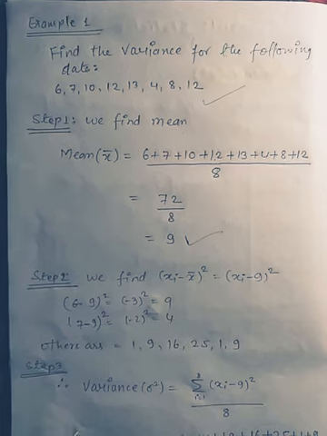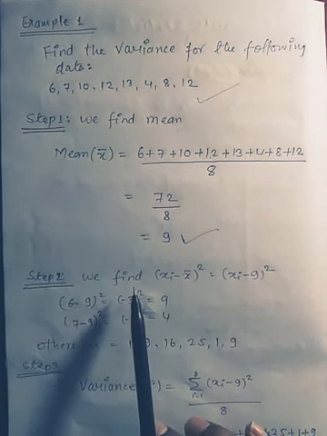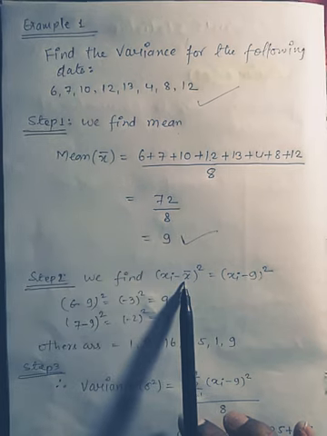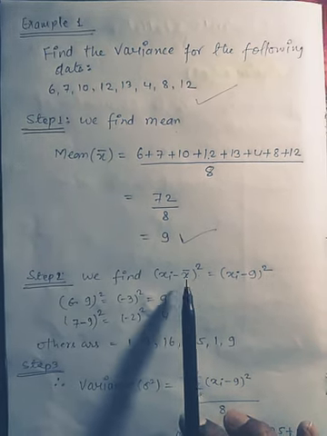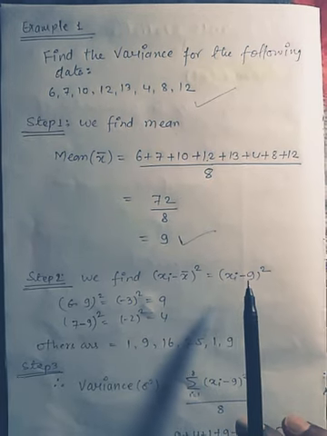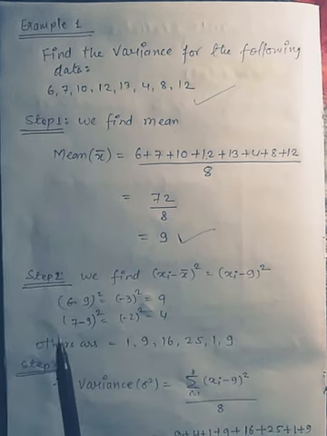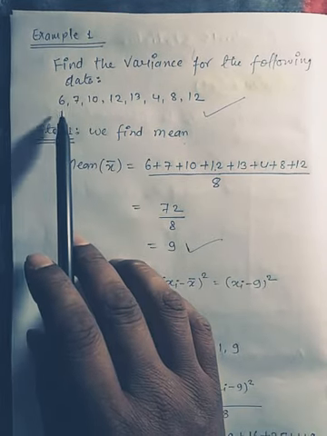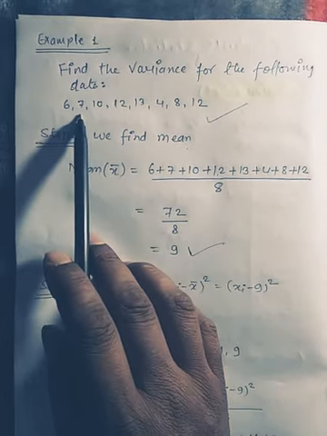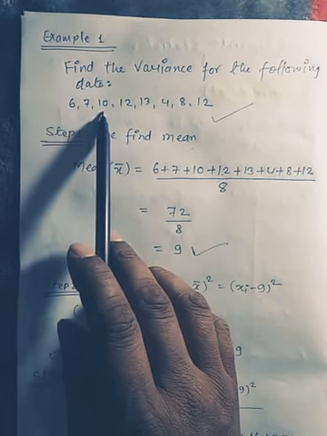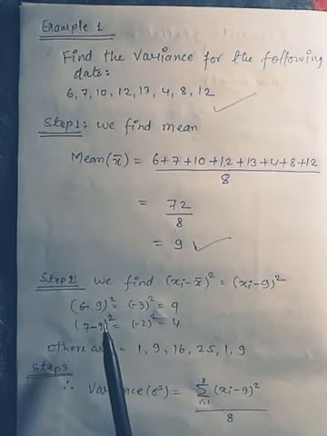Step 2, we find xi minus x bar, means mean, whole square, that is xi minus 9 whole square. Here first xi, x1, is 6, second x2 is 7, x3 is 10. So we compute the values.